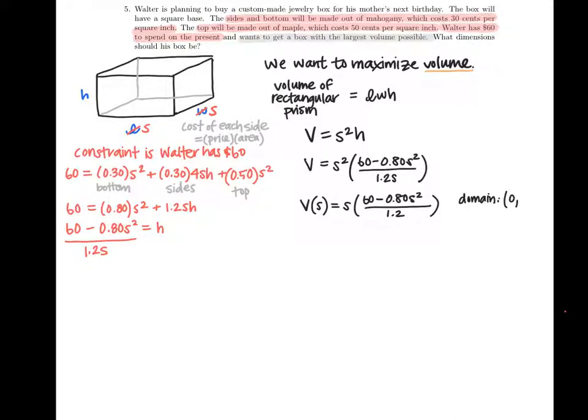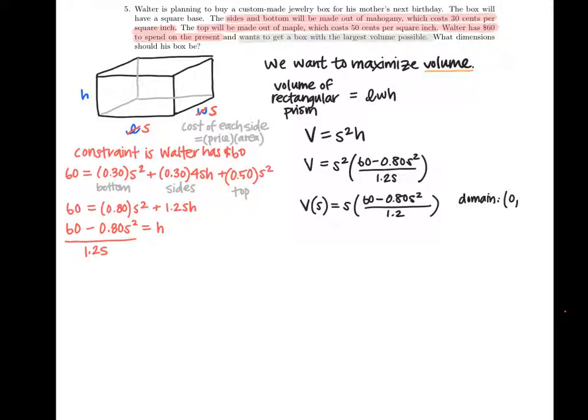And vice versa, when S is very, very large, at its maximum, quote unquote, whatever that may be, that's definitely going to be happening as you start shrinking the height down, right? If you shrink the height down, that means the burden is now on the bottom and the top in order to spend down the $60. So it's interesting. There are these 2 extremes.